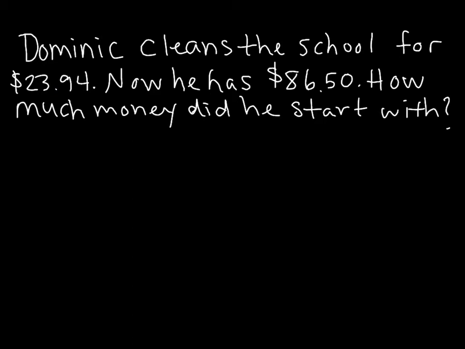Dominic cleans the school for $23.94. Now he has $86.50. I'm just circling these key numbers. And then that's money, so we'll underline those keywords. And then let's put a box around our question. How much money did he start with?